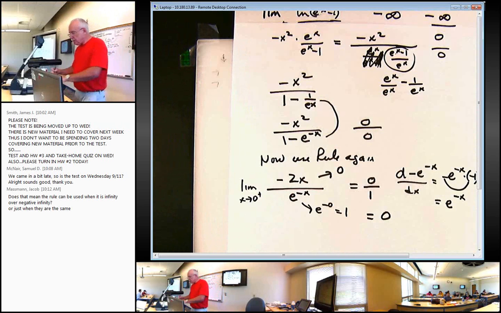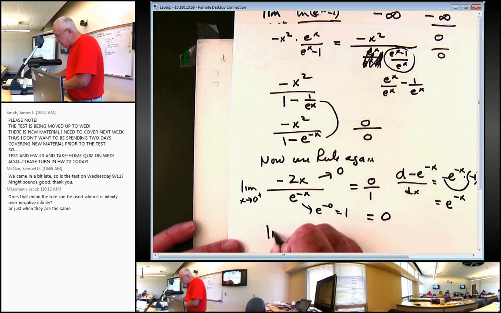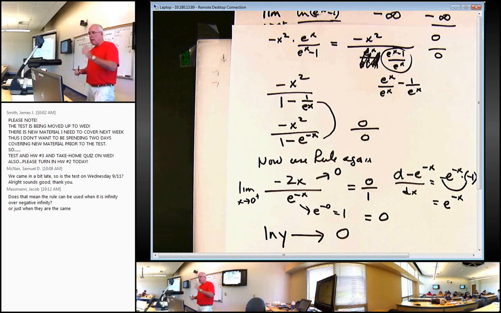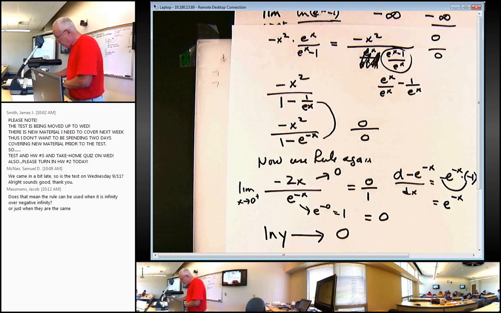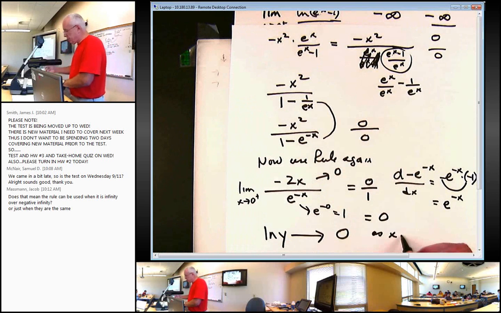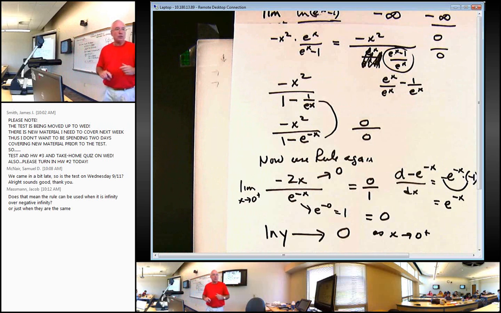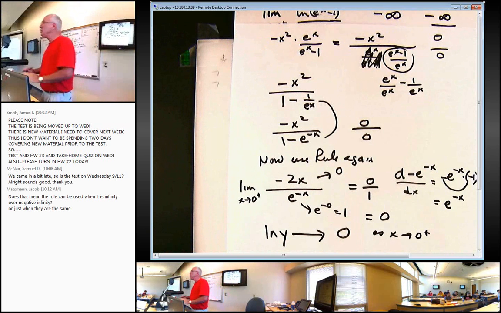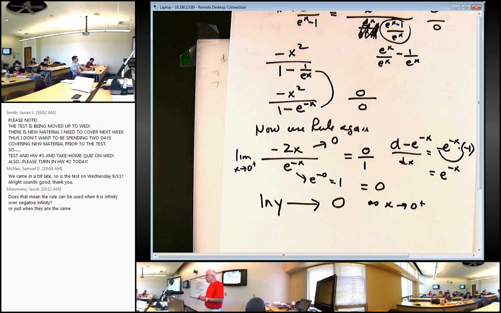So this means that the ln of y approaches 0 as x approaches 0 from the positive side. So what is our original expression going to be approaching? e to the 0.